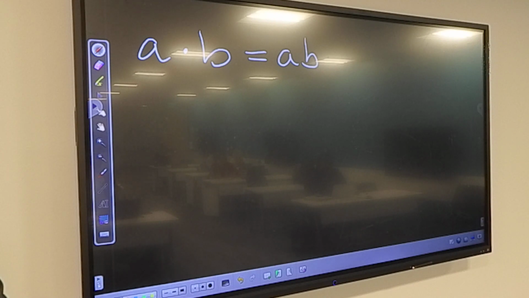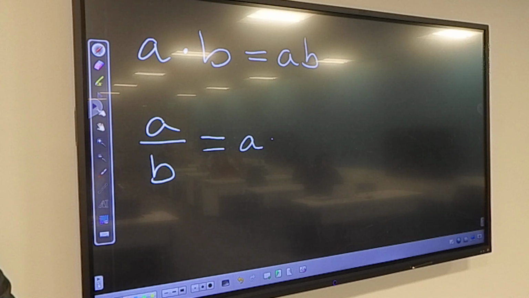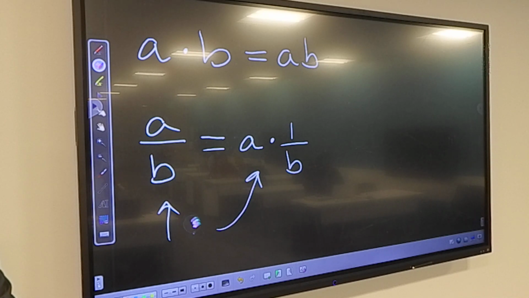And of course, if I talk about A divided by B, division is not a unique operation. It's always in terms of a multiplication, and all A divided by B means to us is A times the other number, 1 over B. So here was some division, and now I have it rephrased as multiplication, what it really is.